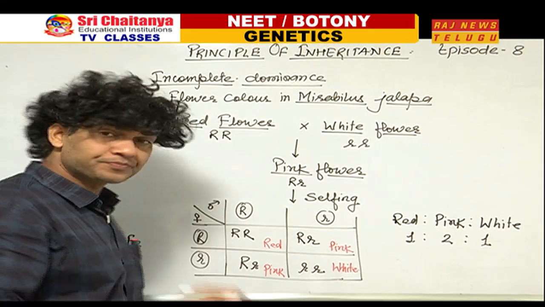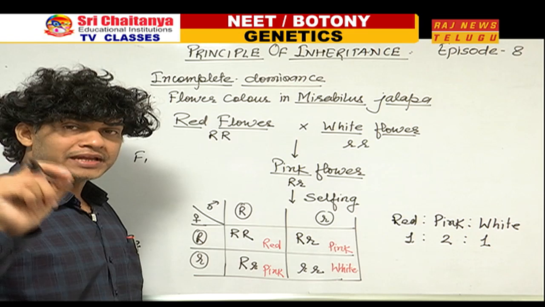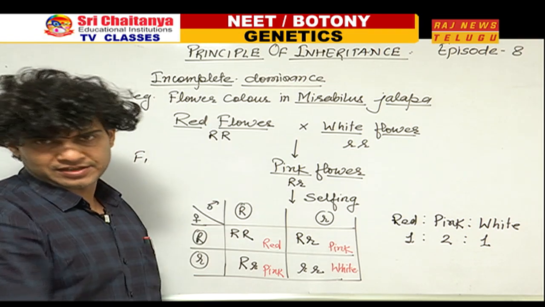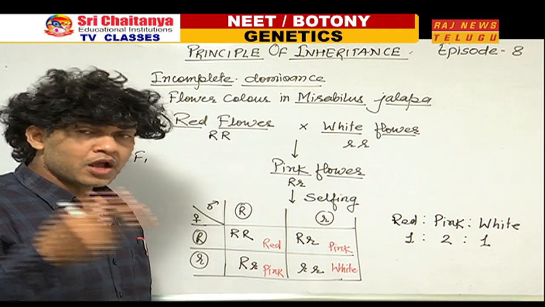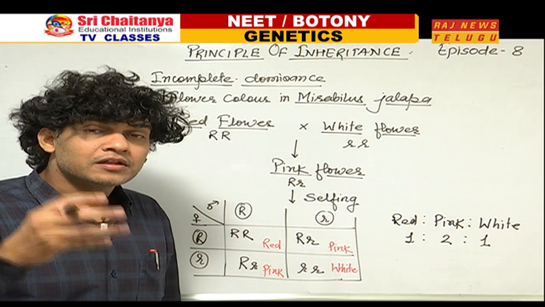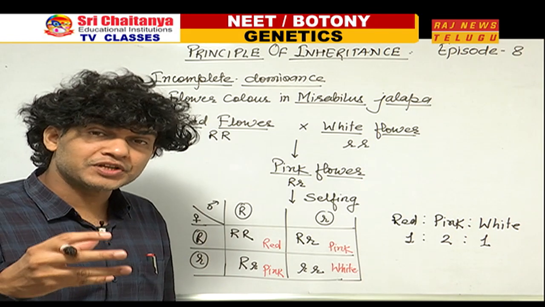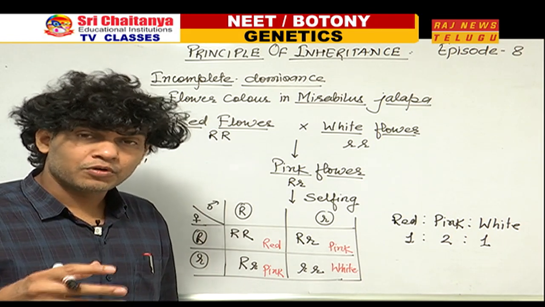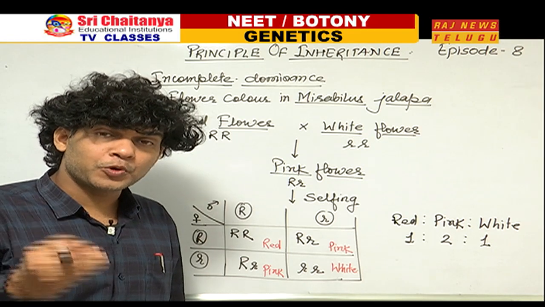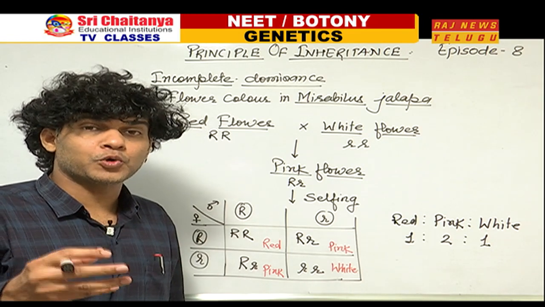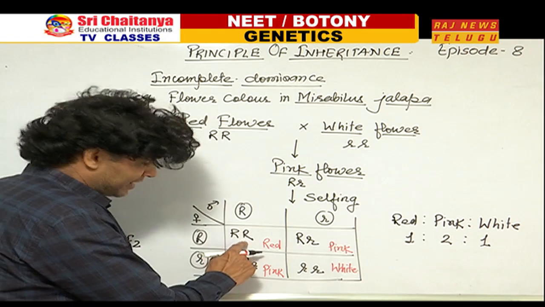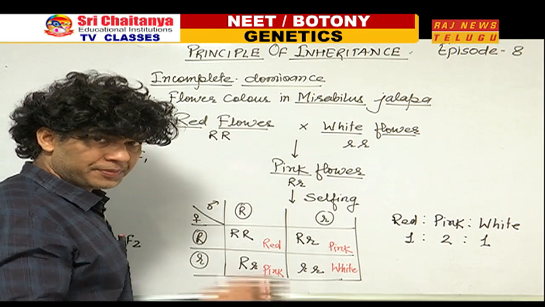Look here. Incomplete dominance is a kind of monogenic quantitative character. Here the character is not governed by the presence or absence of capital R. Here the character is governed by the amount of protein product arising from capital R. In the case of capital R capital R, there are two capital R present.